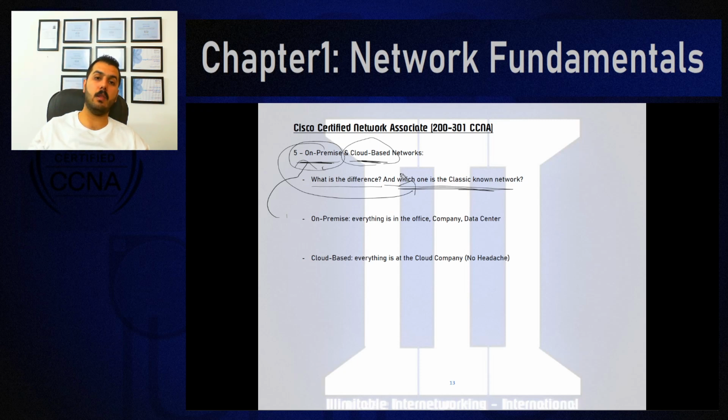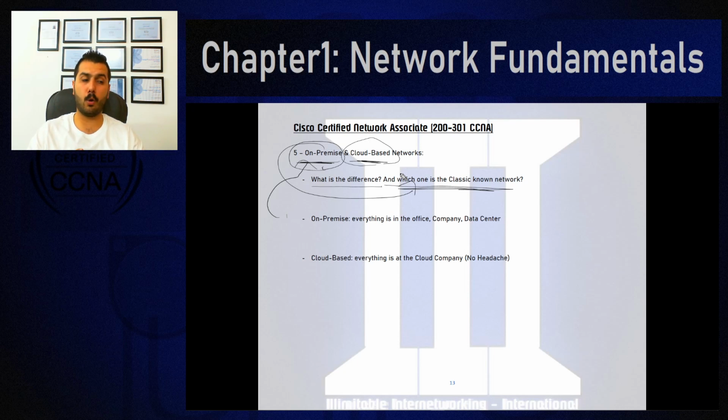On-premises means that all your routers, switches, firewalls, IPS, servers, all of them are inside your company or inside your data center, which is in your main branch, main office. This is what the term on-premises refers to.